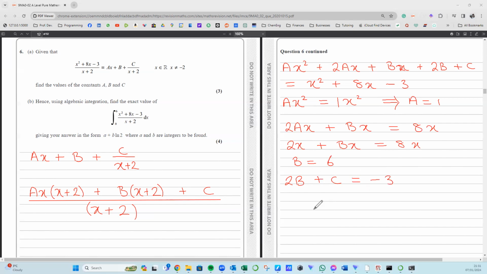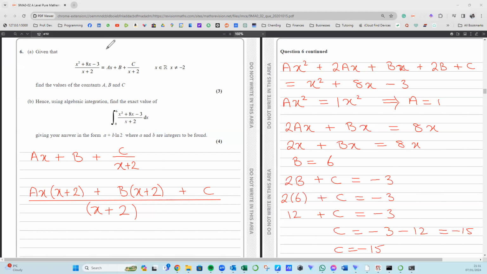Again, we know the b this time, so we can say 2 times b plus c equals minus 3. Do the calculation, it's going to be 12 plus c equals minus 3. c is going to be minus 3 minus 12, which is minus 15. c equals minus 15.